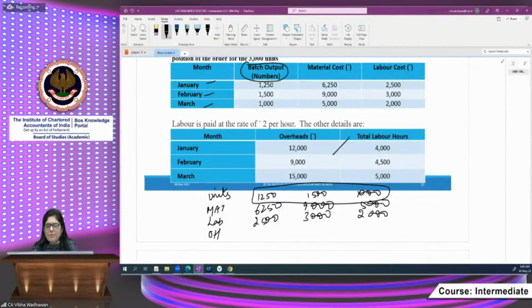Overheads divided by hours. So 3 per hour for the first month, January. Overhead rate, absorption rate, 3 per hour for January. 9,000 divided by 4,500. 2 per hour for February. We have to calculate absorption rate per hour of overheads. March. Again, 3 per hour for March.